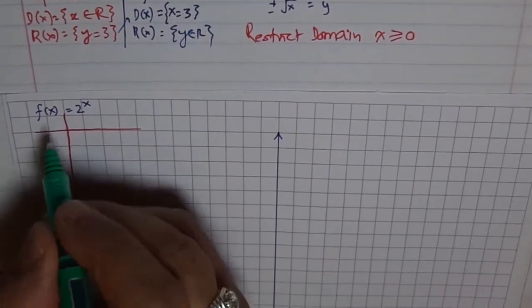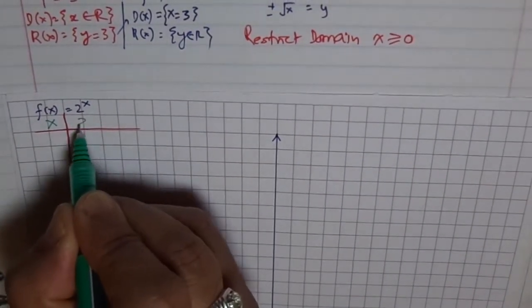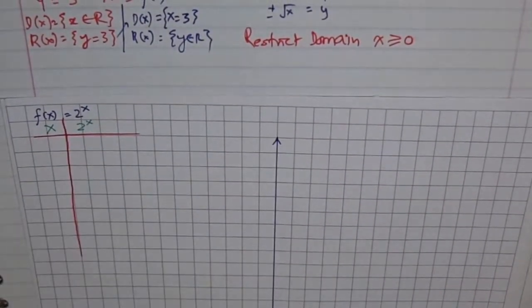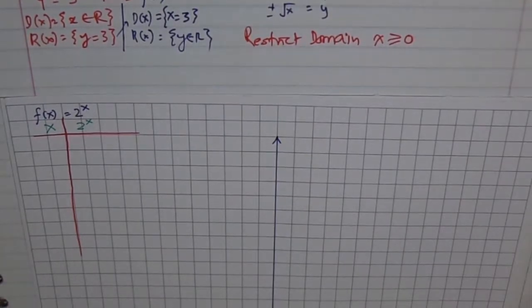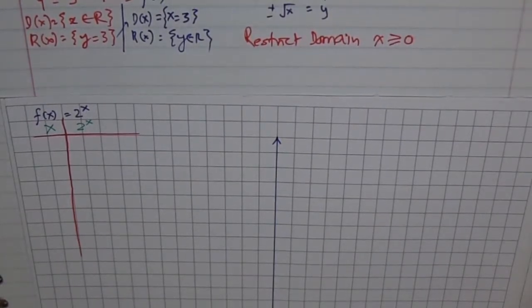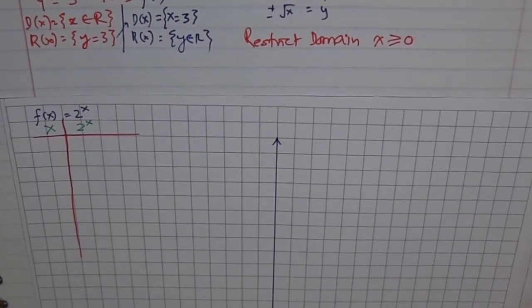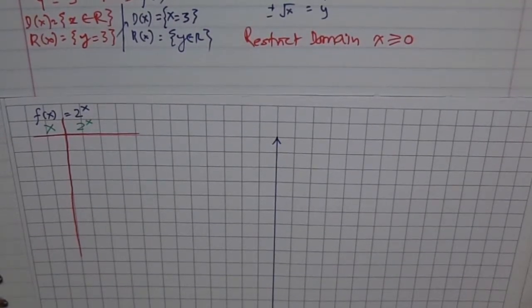So we'll have some values of x and then calculate 2 to the power of x, correct? You know what is 2 to the power of 3? 2 times 2 times 2, which is 8. What is 2 to the power of minus 1? 1 over 2. And 2 to the power of minus 2 is 1 over 2 times 1 over 2, which is 1 over 4, correct?